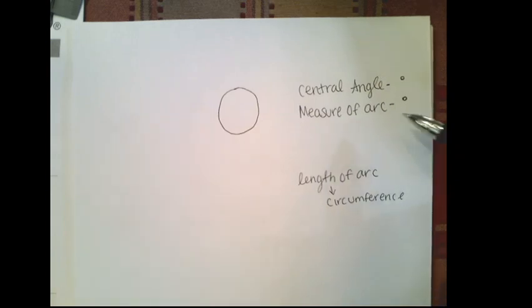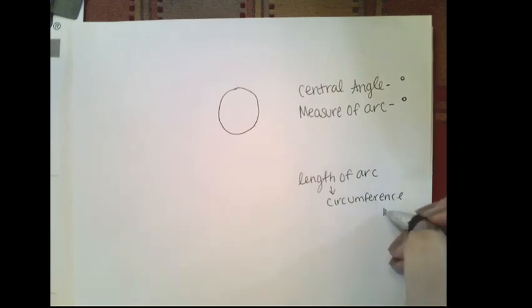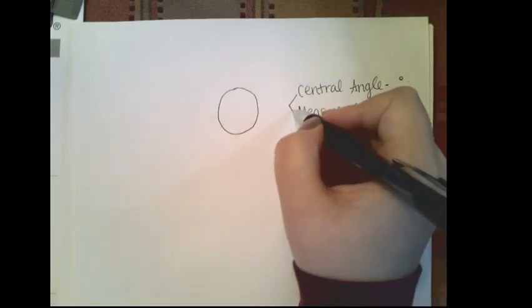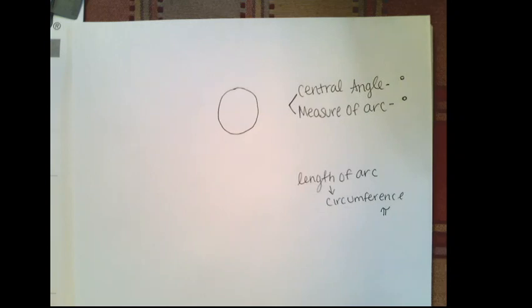So that's the difference between measure and length. Length is part of the circumference, so it's usually in terms of pi. Measure of the arc is in degrees. So the reason we talk about these two together is because there's a relationship between our central angle and the measure of the arc that corresponds to it.